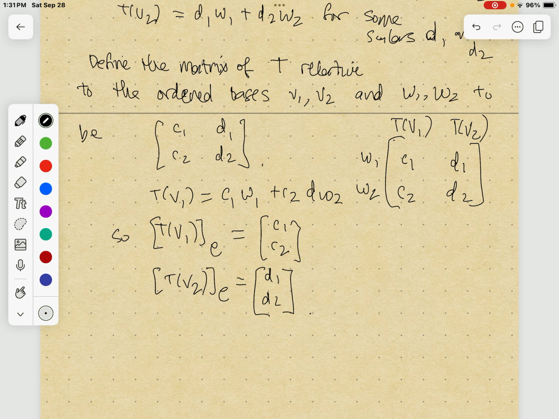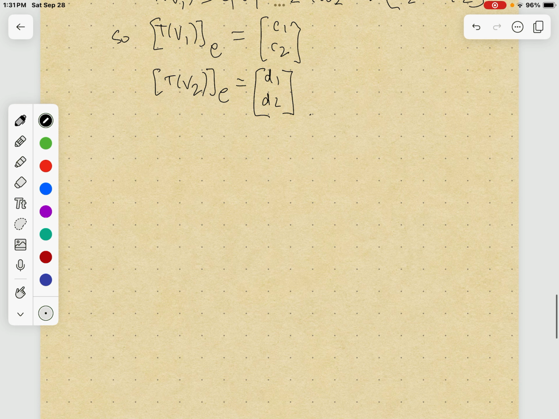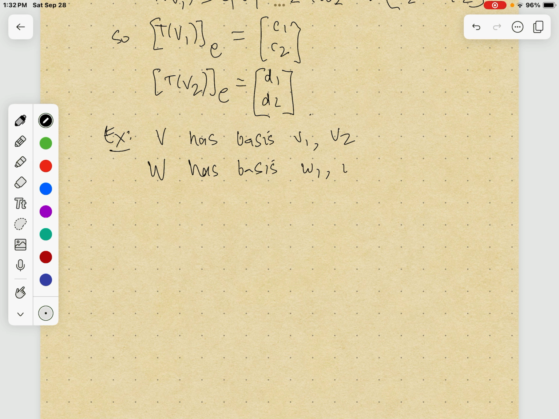Okay. So let's just look at a quick example. Let's say I have a vector space V, and suppose that V has an ordered basis V1, V2, and let's say that W is some vector space and it has basis W1, W2.